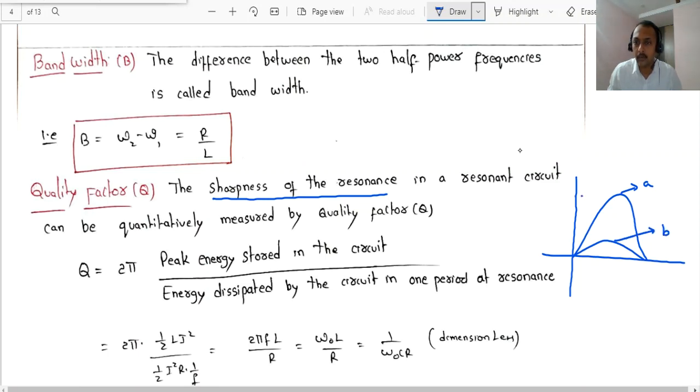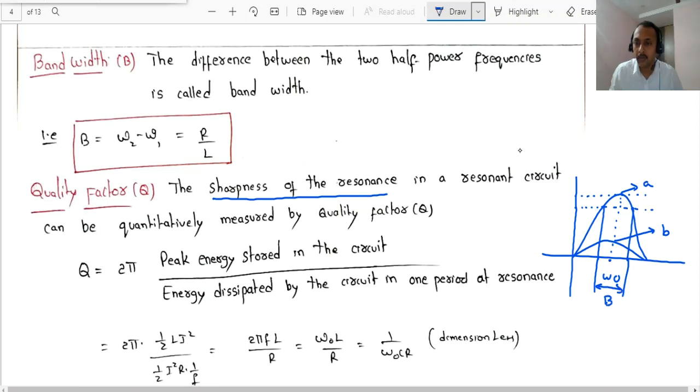For this curve, this is the maximum value at series resonance, this is the resonance frequency omega naught, and half power frequencies we get somewhere here omega 1, and here omega 2, and this gap is nothing but the bandwidth.